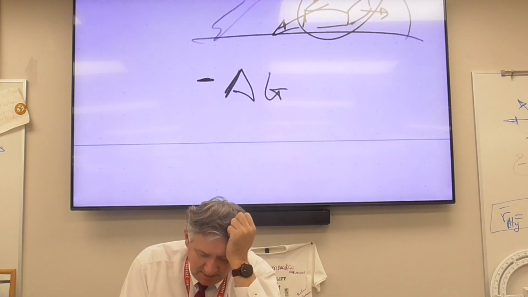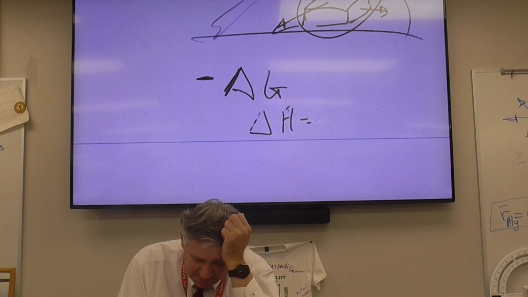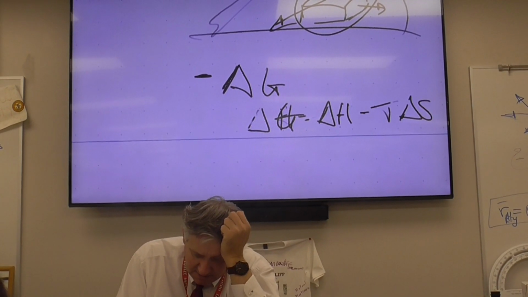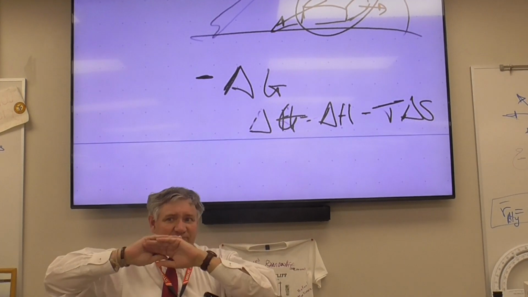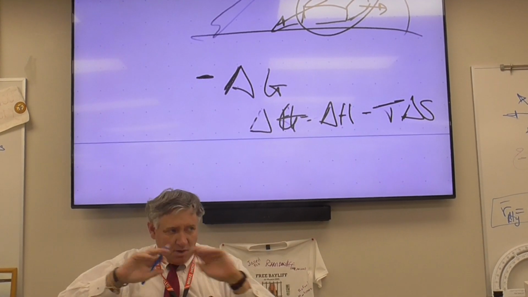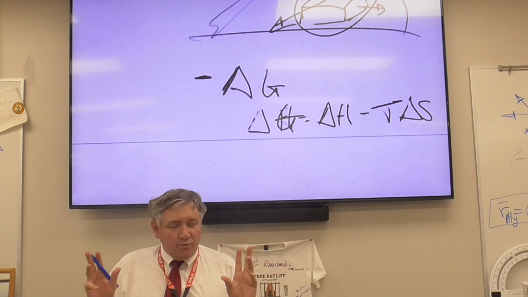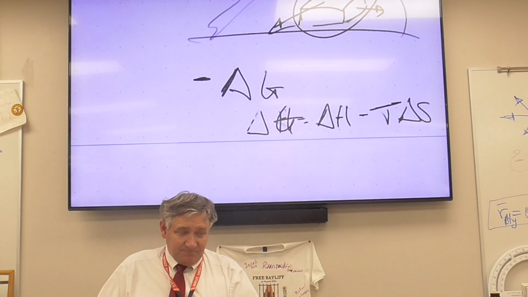And delta G is going to equal delta H minus T delta S. One of the most basic fundamental ideas in all of thermodynamics and chemistry. If you remember one equation and the subtleties of one equation, you remember this.